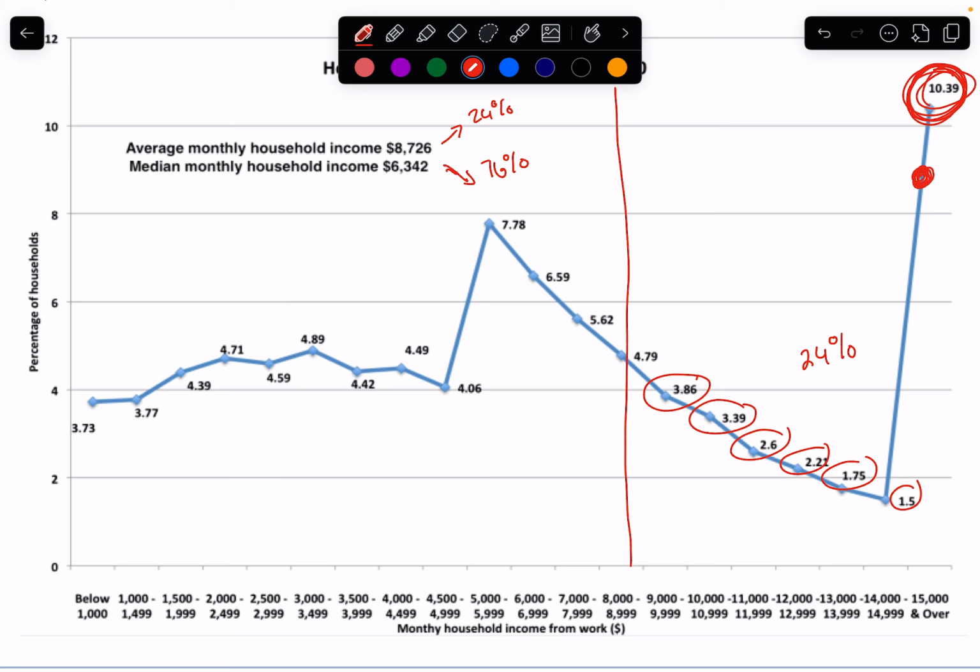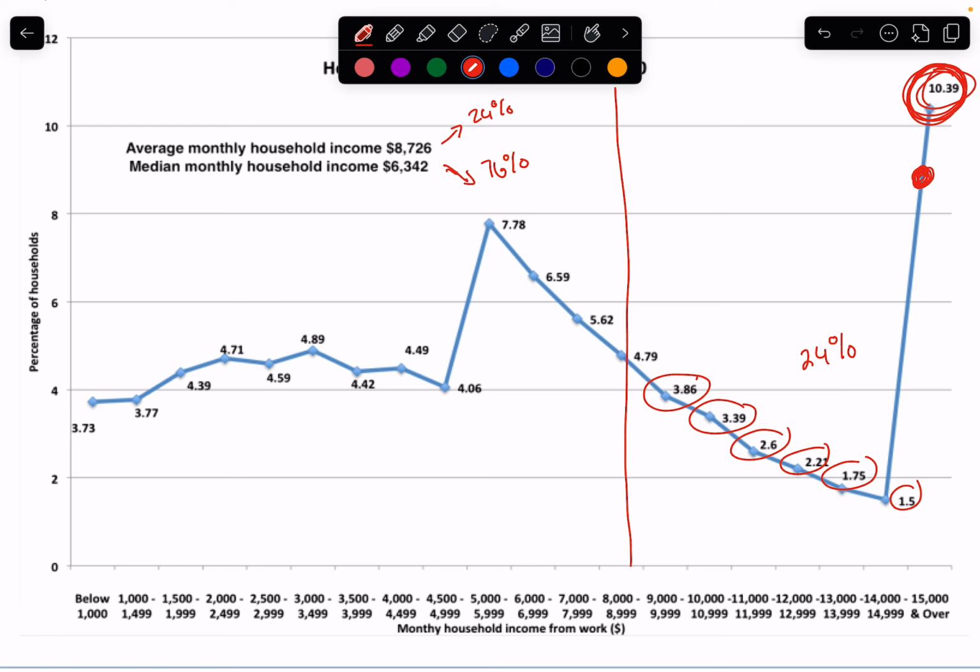It makes you feel like everybody is somewhere around $8,700. But when you look at the individual data, there's not a lot of people around $8,700. Those people that are making a lot of money are pulling that number up a lot higher, which makes the average not seem quite as legitimate.